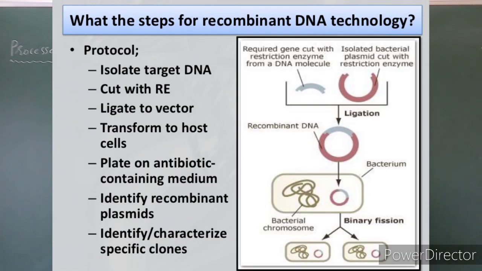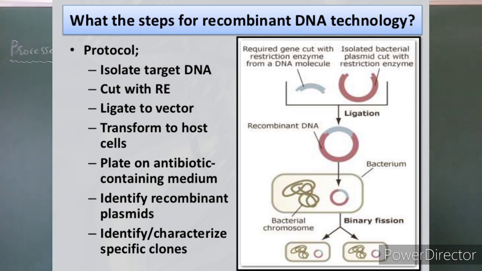So these sequence steps are: the first step is isolation of DNA. Second step is fragmentation of DNA. Third step is isolation as well as separation of fragmented DNA. Fourth step is ligation. Fifth step is that the recombinant plasmid is entered into the host cell.